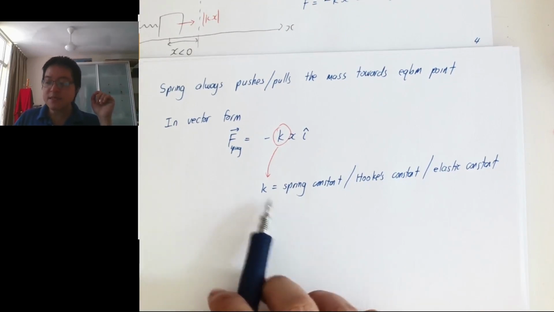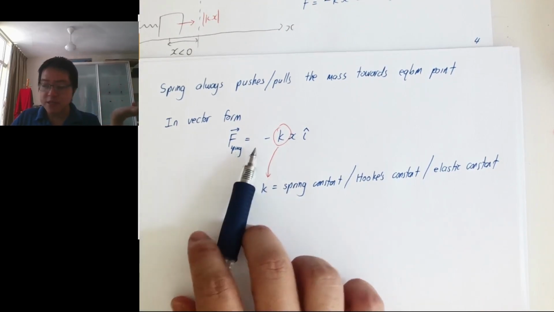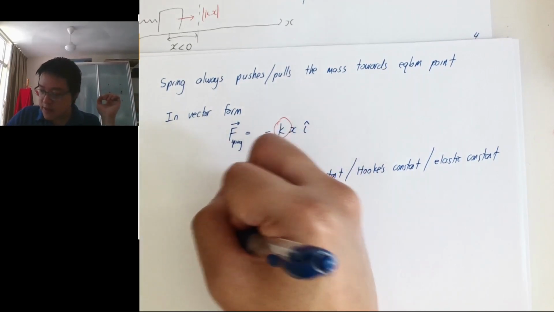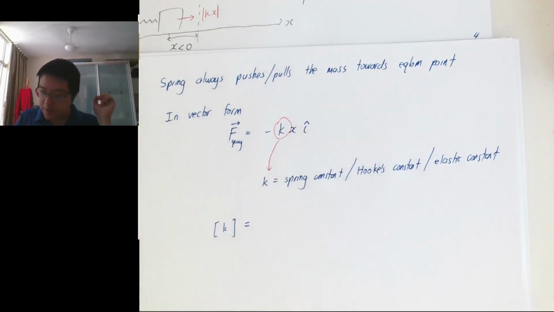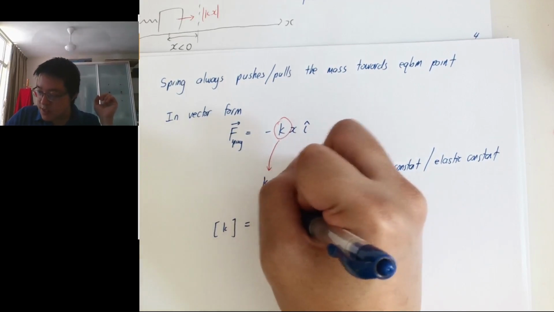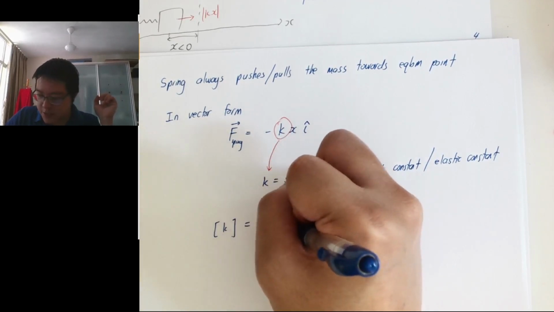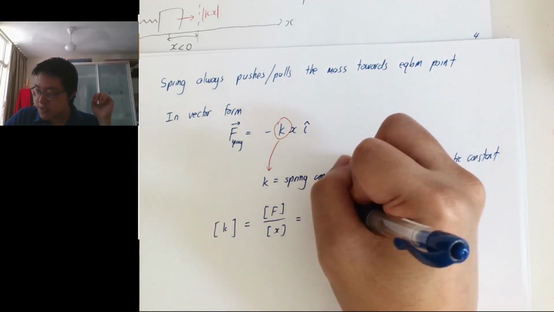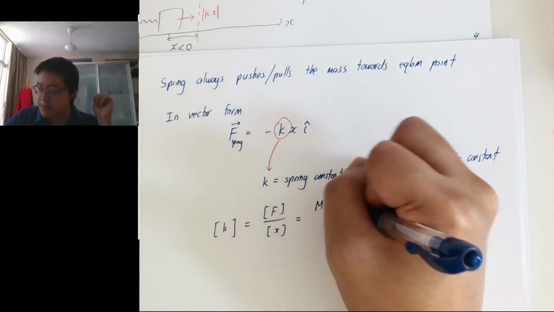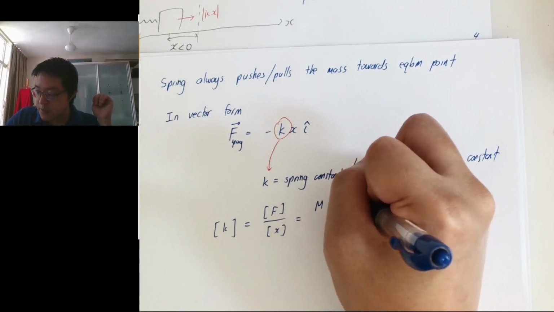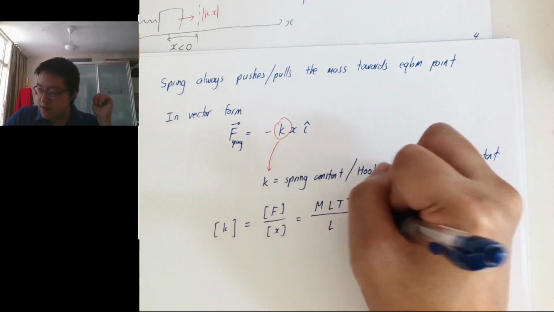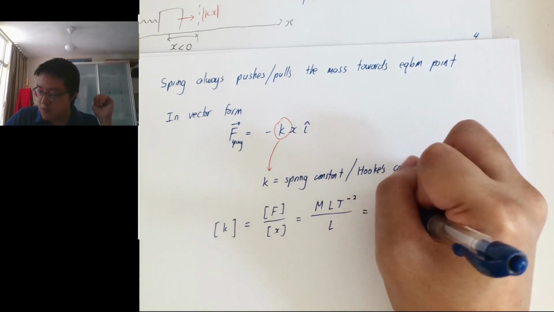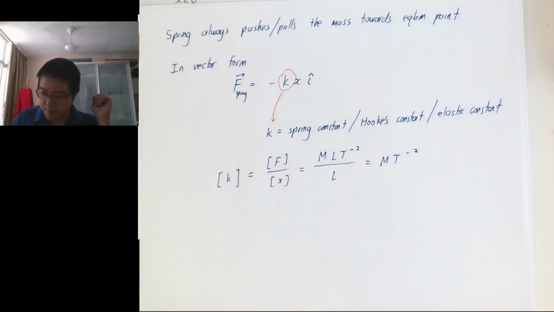This is a physical quantity, and we can determine its dimensions. So let's look at the dimension of Hooke's constant. The dimension of Hooke's constant is the dimension of force divided by the dimension of displacement. The dimension of force is mass times acceleration, so it's MLT^-2. Divided by the length, this is MT^-2.